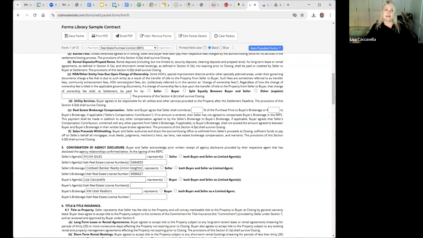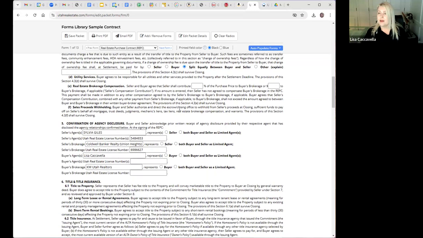So if you're buying a home at 600,000, you're going to be paying $3,000 in addition to the down payment and closing costs. You want to make sure you understand what the transfer fee is, and then structure this according to what your client can do. So in this one, we're going to say we split it equally.